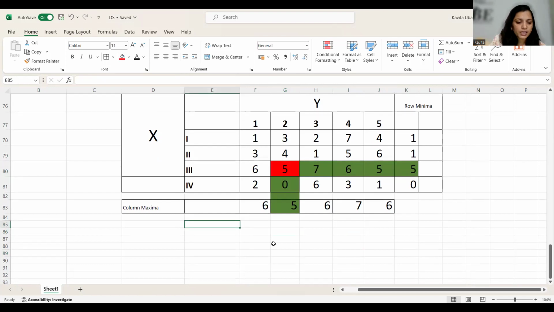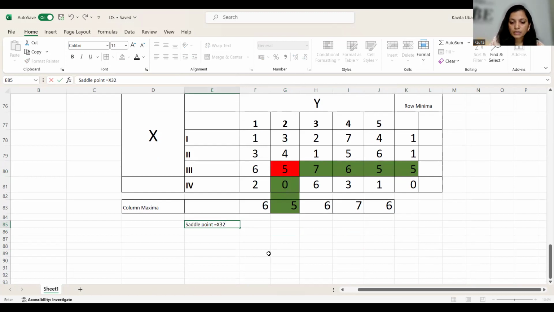So in this case, the saddle point is equal to X 3, 2: third row and second column.